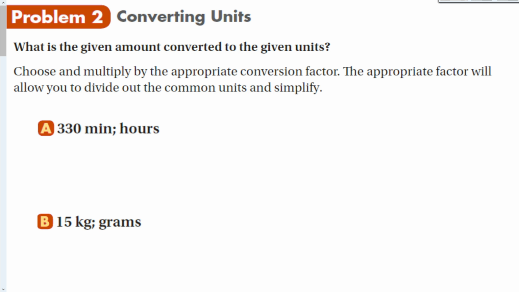Okay? So, what is the given amount converted to the given units? In order to do this, we're going to choose and multiply by the appropriate conversion factor. The appropriate factor will allow you to divide out the common units and simplify. Okay, so that's a little hint right there. So for part A, I want to turn 330 minutes into hours. I always start with the initial amount, 330 minutes.